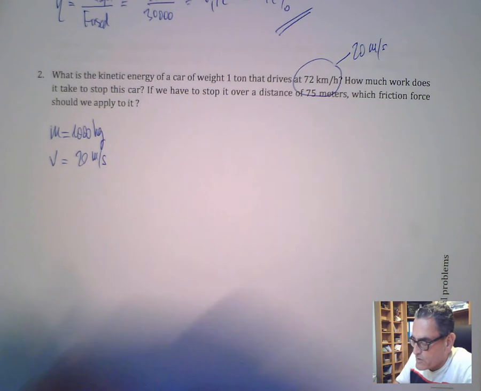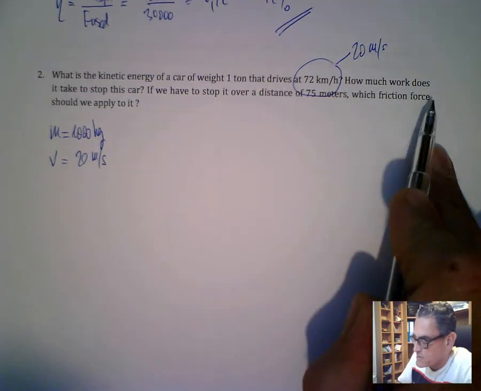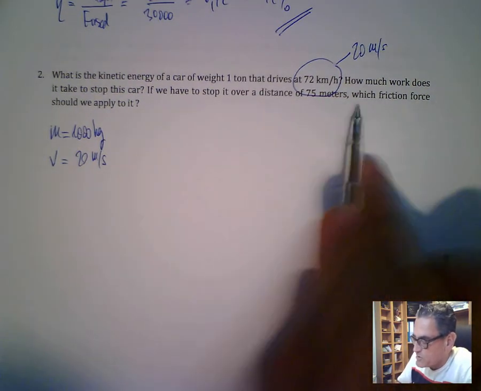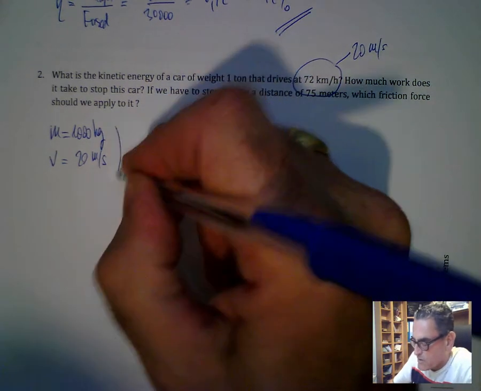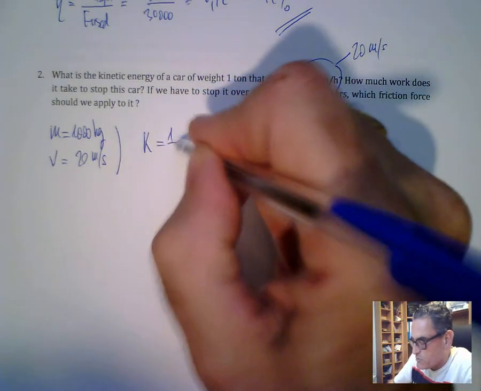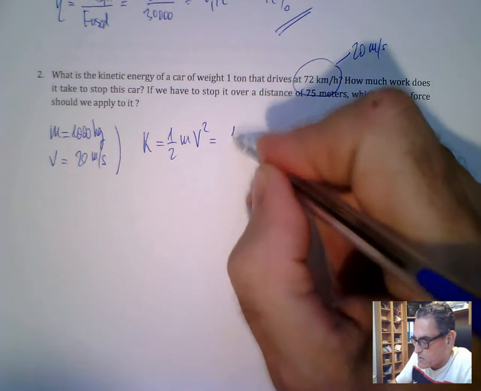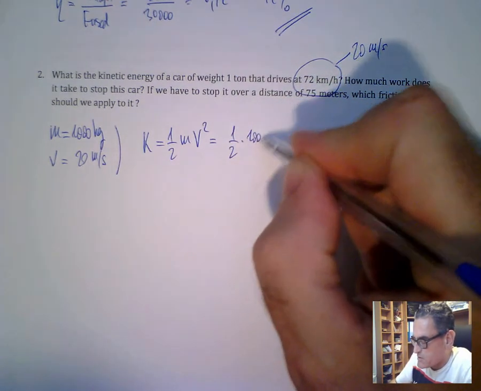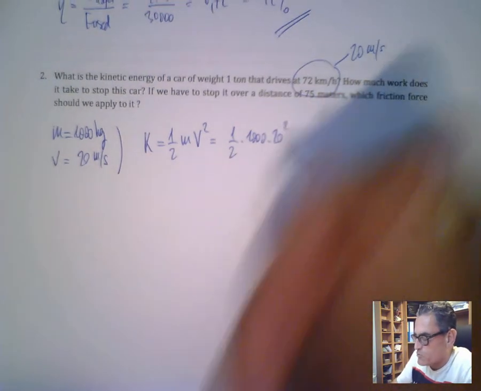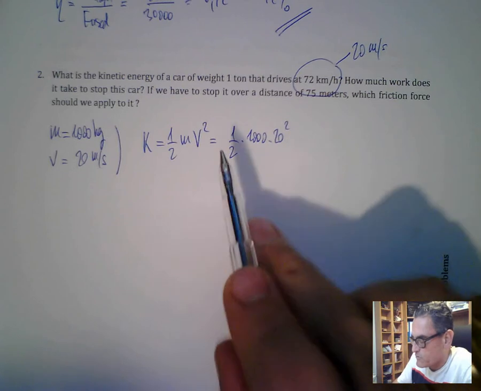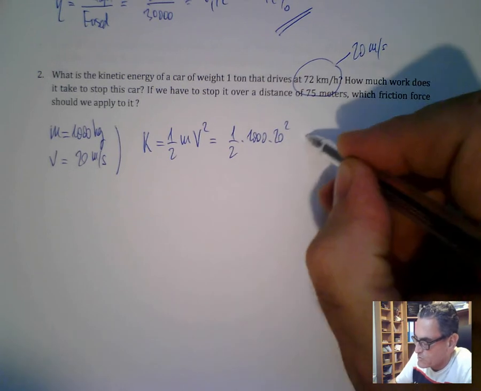How much work does it take to stop this car? This is another question, and then on 75 meters. Now we need only these two to compute the kinetic energy. So it's 1/2 times 1000 times 20 squared, which is 400. 400 divided by 2 is 200.